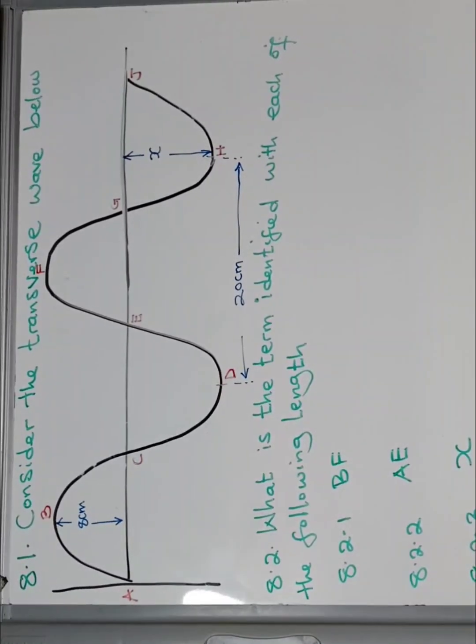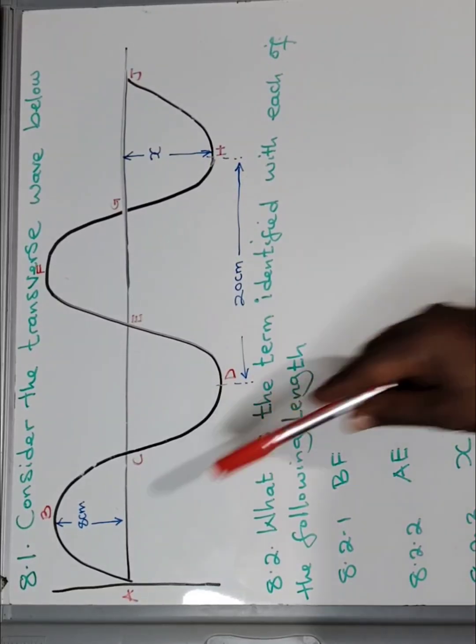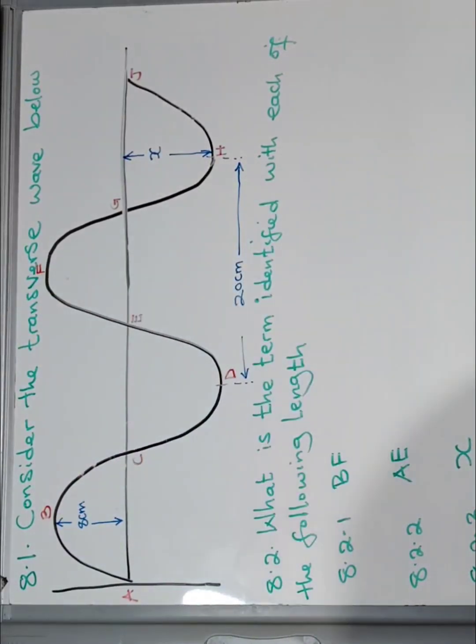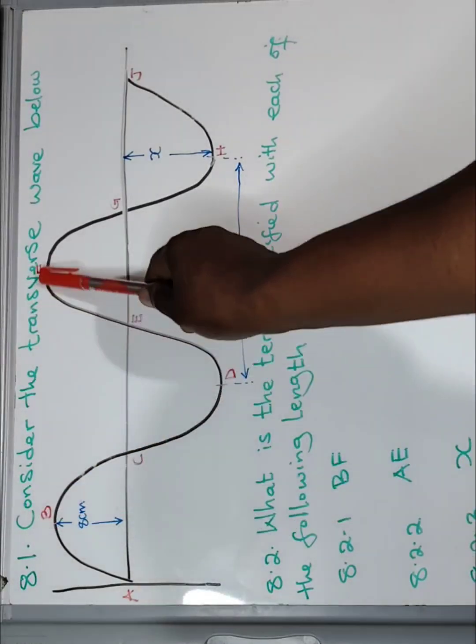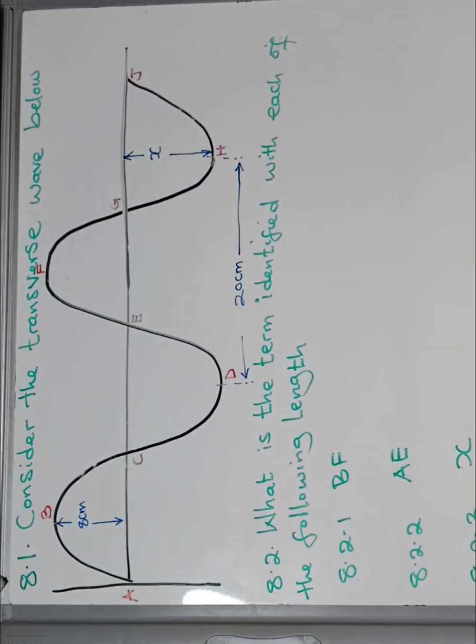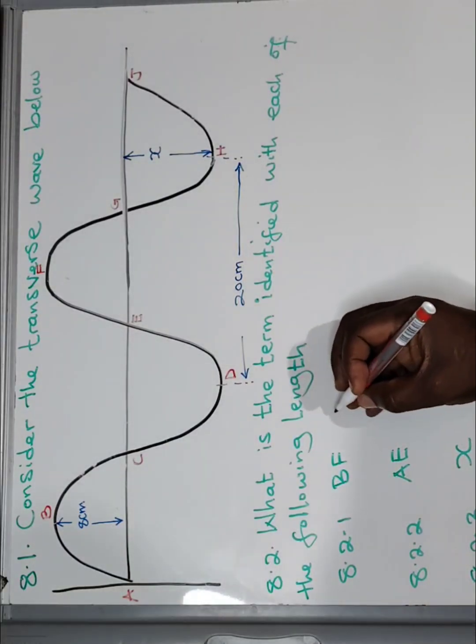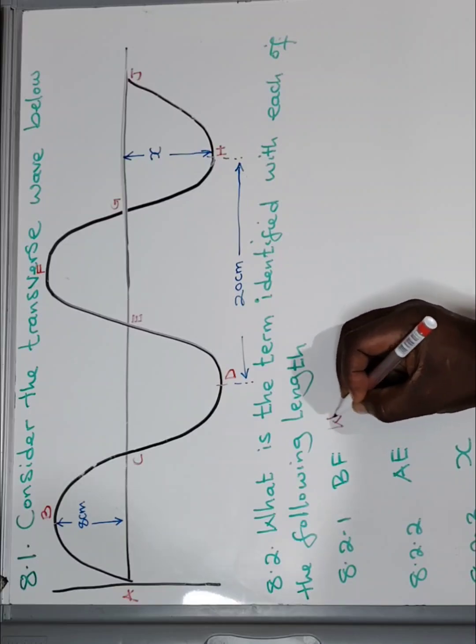Then comes this question. It says, what is the term identified with each of the following lengths? Okay, BF. What is that length, BF? We have to know that B and F are in phase and they are next to each other, so they represent wavelength.